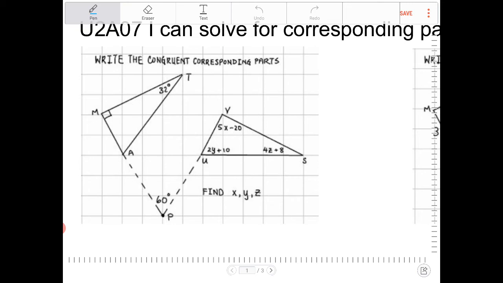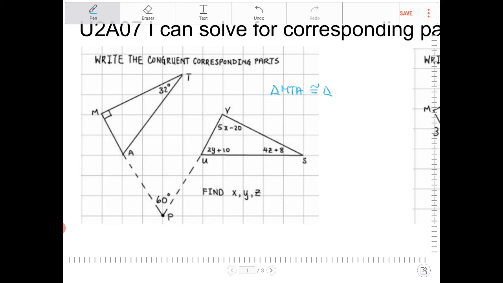It doesn't specify that. But what I do know is that under the rotation, under the rigid motion, triangle MTA will be congruent to... I have to be careful when I do this because all the corresponding parts must line up.